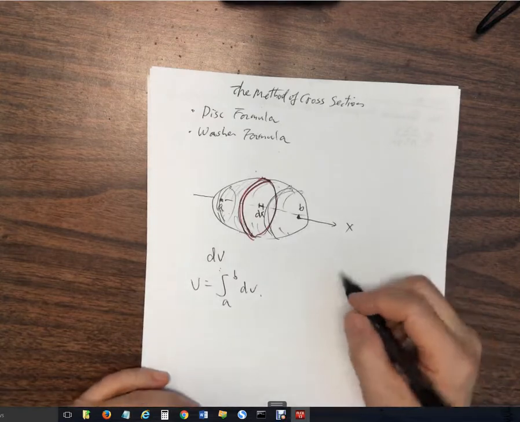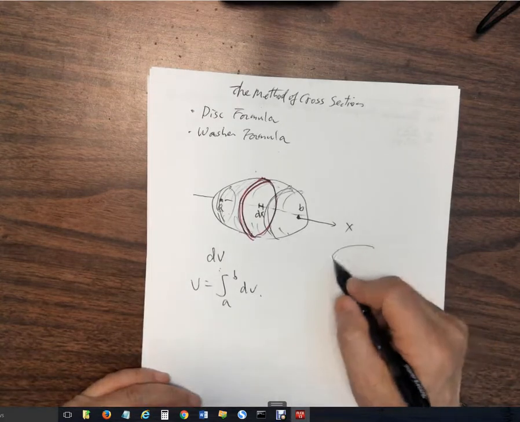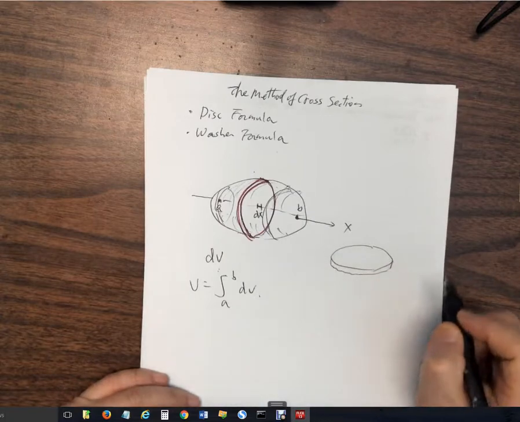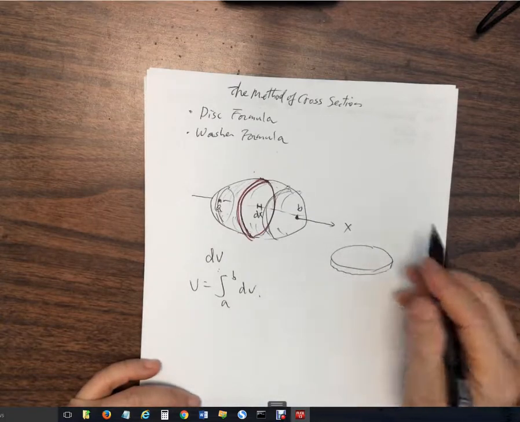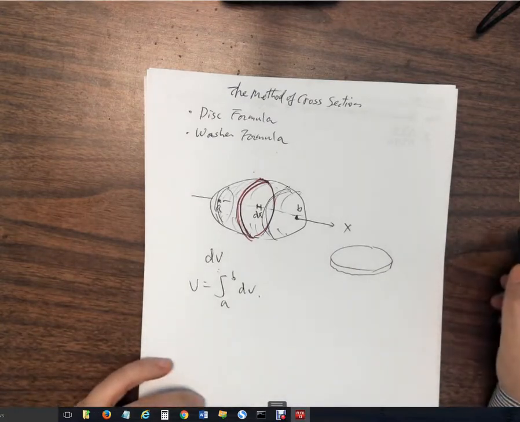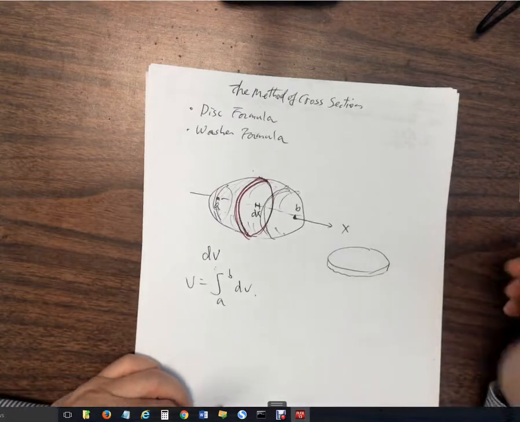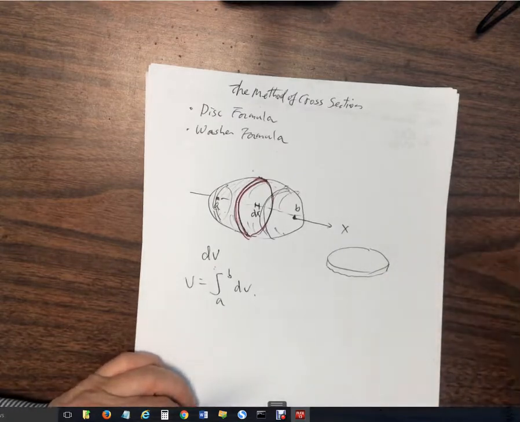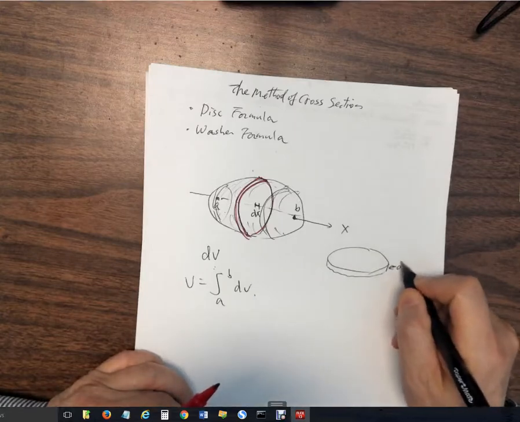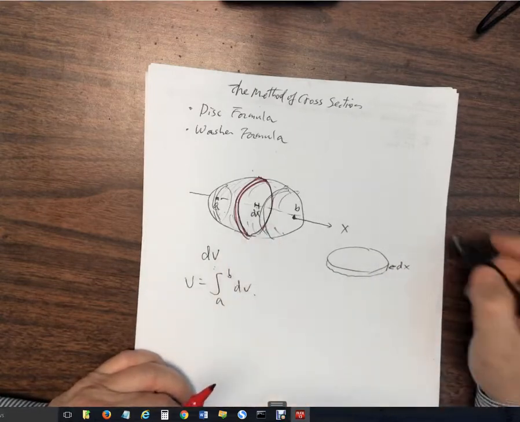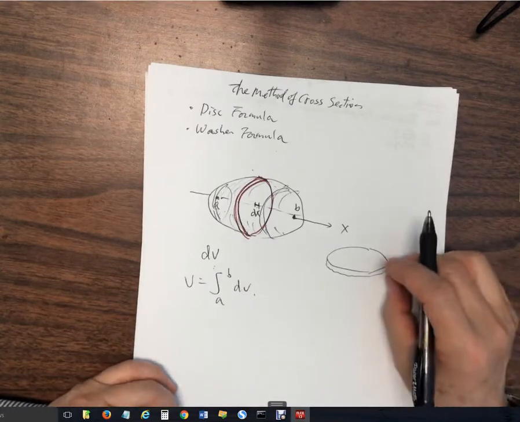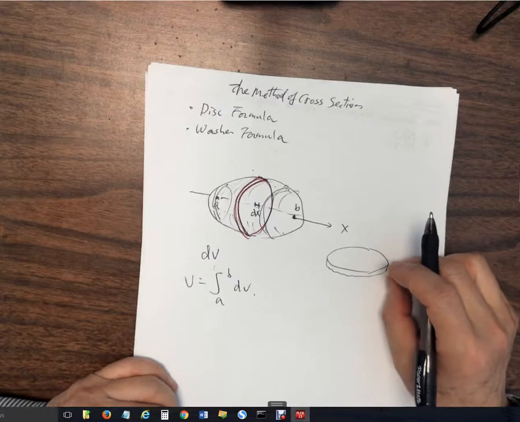Now, how do we find the volume of one slice? Well, let's place it here. Not necessarily a perfect circle, just a slice of potato or tomato, whatever. We know the thickness is dx. The dx is usually very, very small.